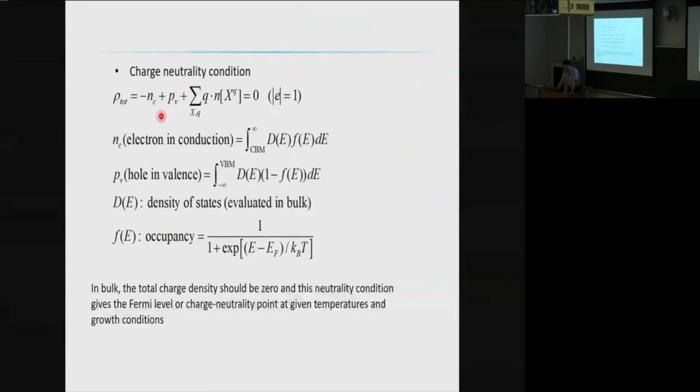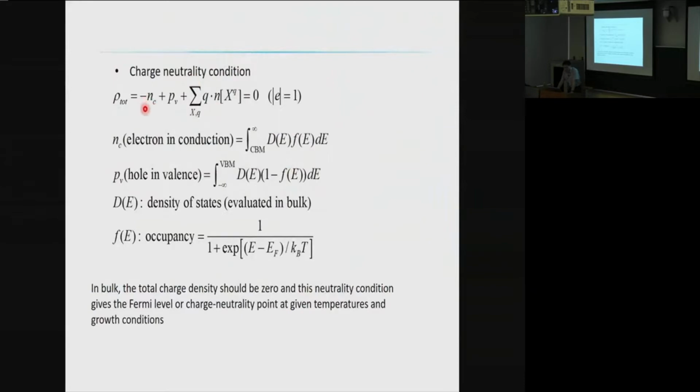So this is the electron and this is the hole, and also each defect is at a certain concentration and is charged with Q. You sum over all the possible defect types and charge states, and it will give you the total defect charge.